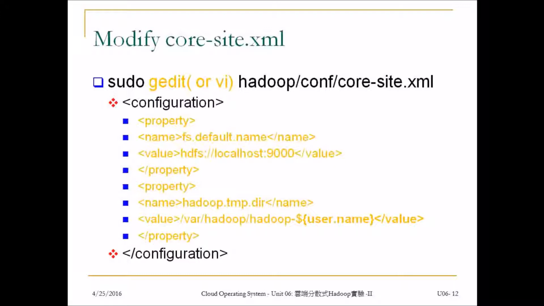Not only the Hadoop environment should be added, but also other three XML files should be reconfigured and modified. The first, we need to configure the core-site.xml file. We need to tell our Hadoop where is the Hadoop distributed file system.